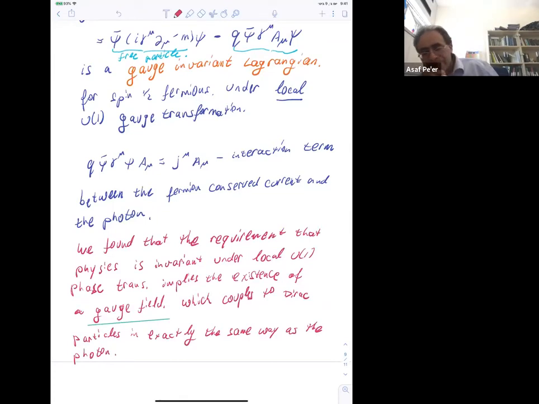Right. All QED can be derived by this requirement, invariance of the physics on the local U1 transformation.